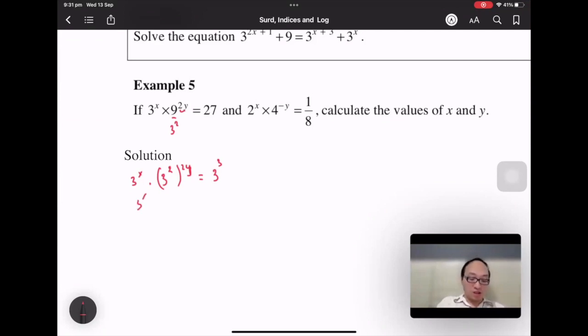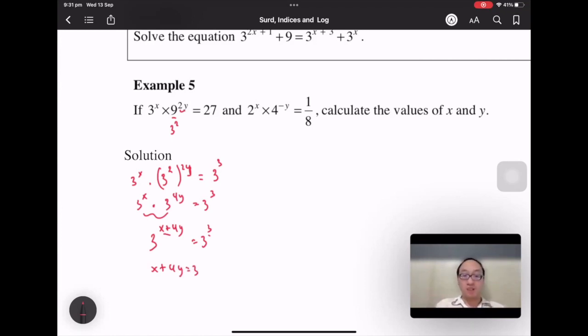So 3 to the power of x times 3 to the power of 4y equals 3 to the power of 3. So we can combine here: 3 to the power of x plus 4y equals 3 to the power of 3. So that means the powers will be the same: x plus 4y equals 3.